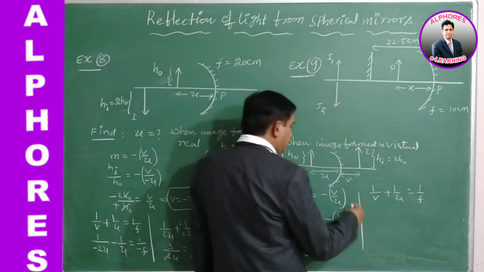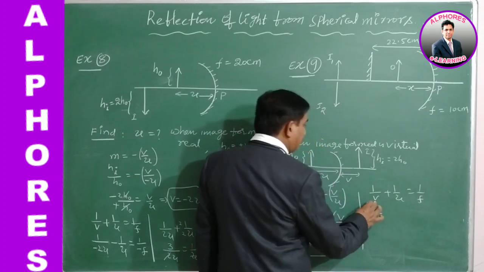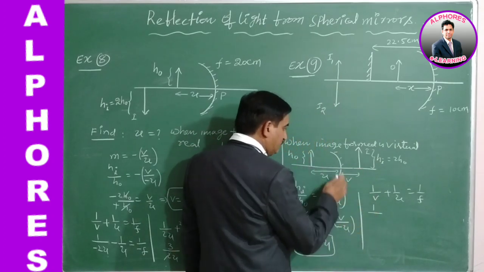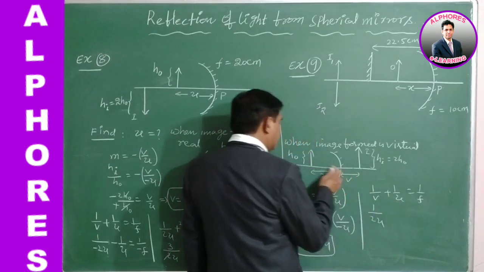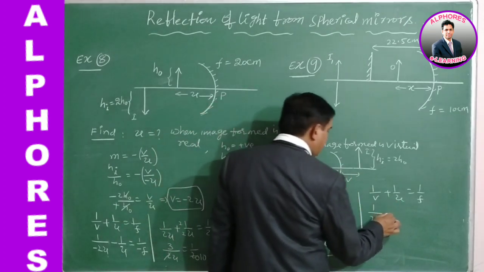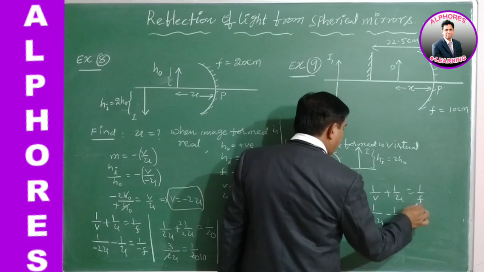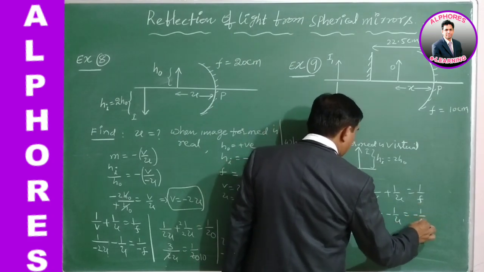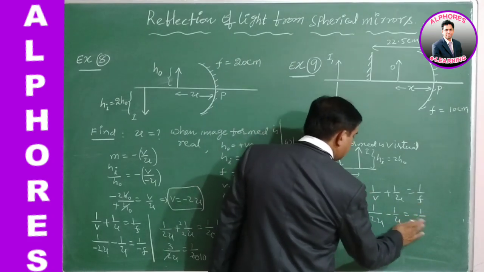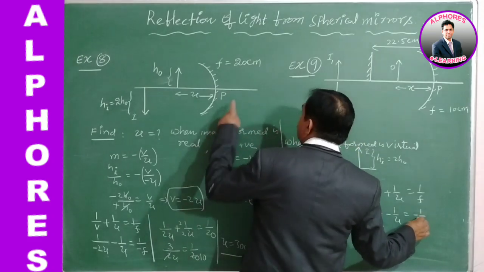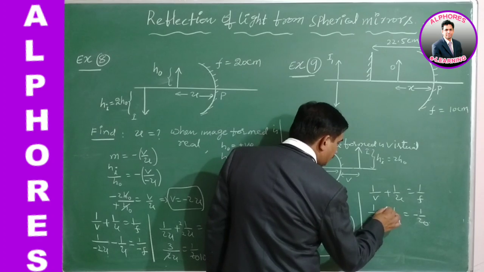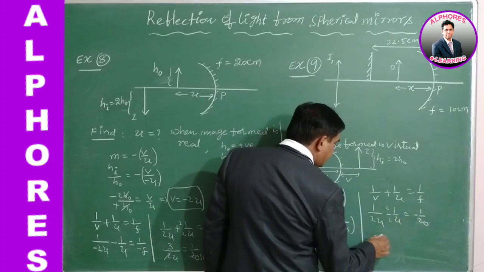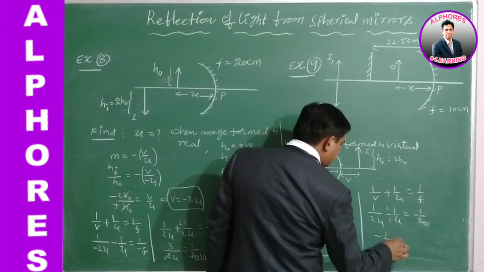Again using sign conventions, v is positive, so 1 by 2u, and u is negative, against the incident ray, minus 1 by u, and the focal length is minus 1 by f. Of course, f is 20 centimeters.